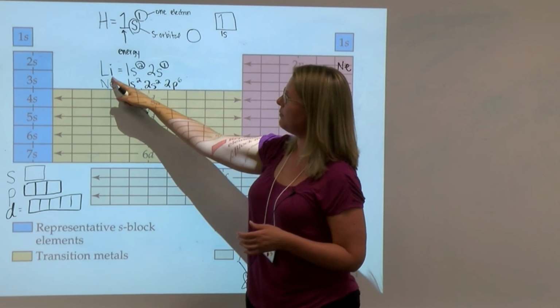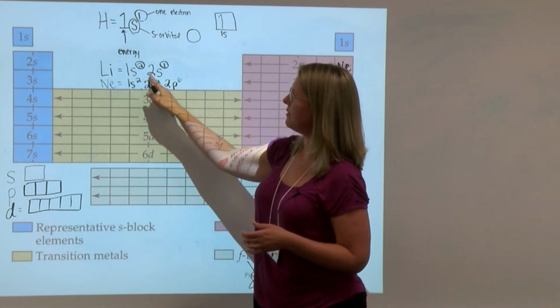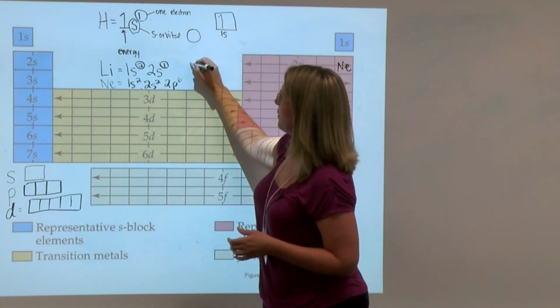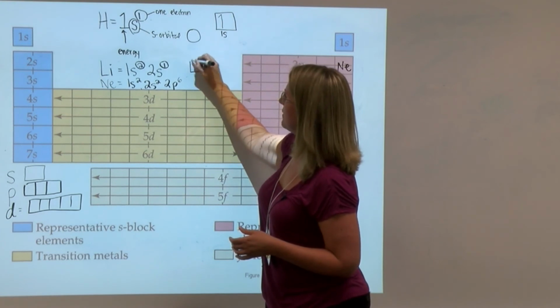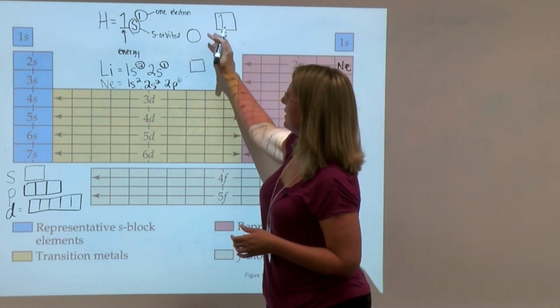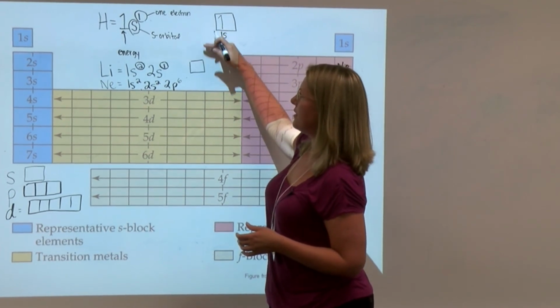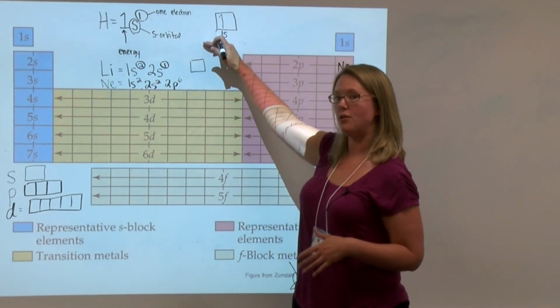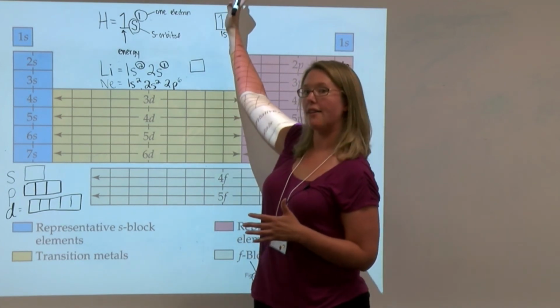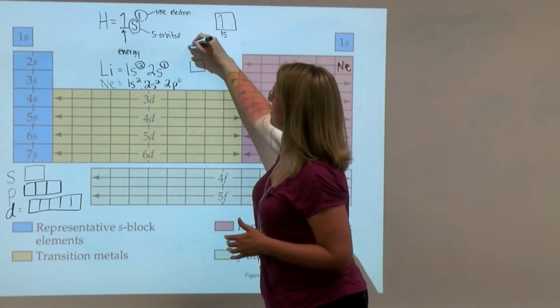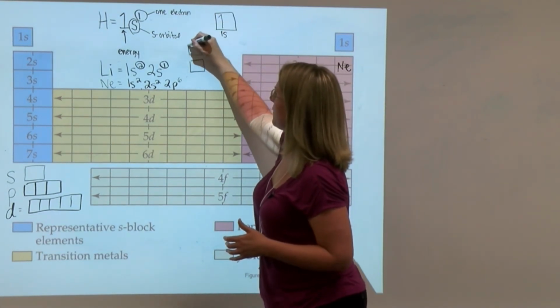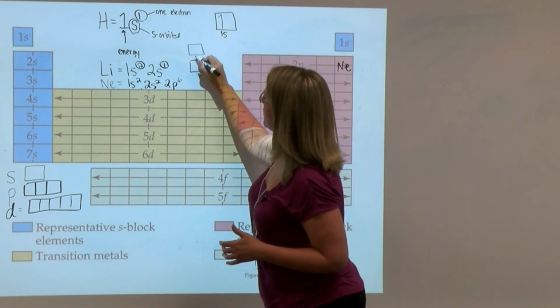Let's take a look at lithium. We have a 1s and a 2s. And so we want to draw 2 boxes. Ideally, you'd want to show those boxes stacked this way so that you can show that 2s is higher in energy than 1s. So I'm going to try that for the lithium. You could label it 1s, 2s.